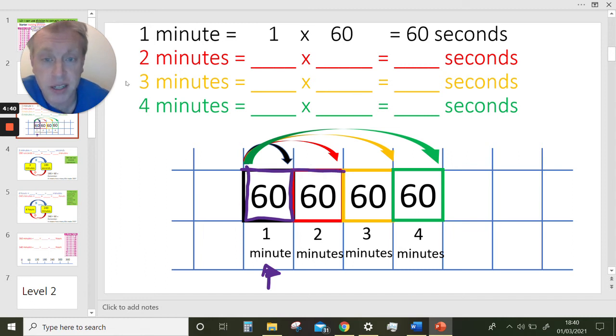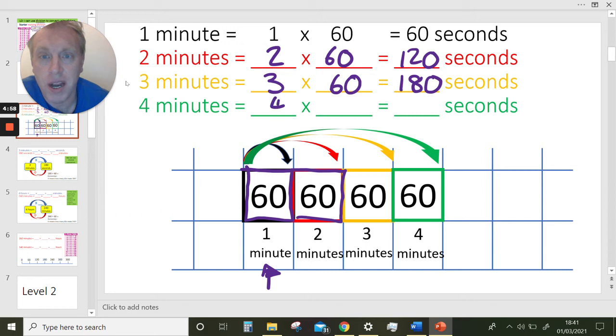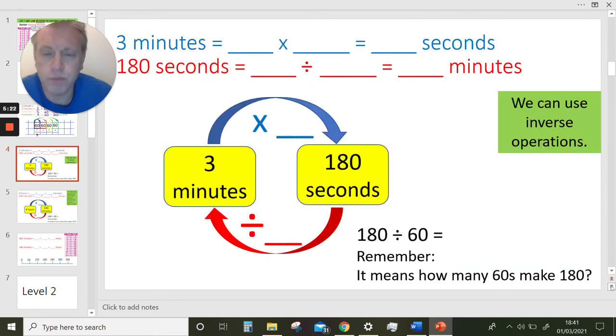When it was 2 minutes, it was 2 lots of 60 seconds, 120 seconds. 3 minutes, 3 groups of 60 seconds, 180 seconds. 4 minutes, 4 lots of 60 seconds is 240 seconds. We're counting up in equal groups. Every group is 60 seconds, so we're counting in multiples of 60, just like the 6 times table.